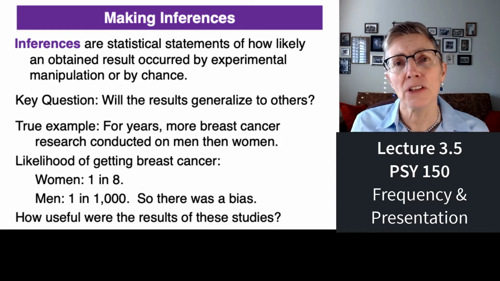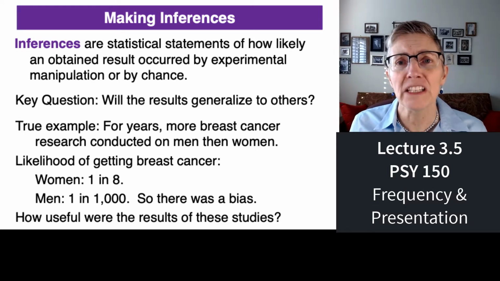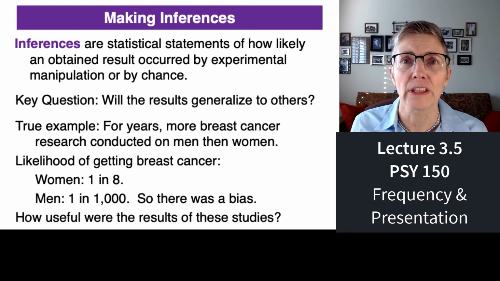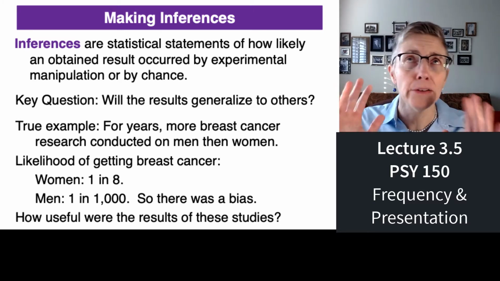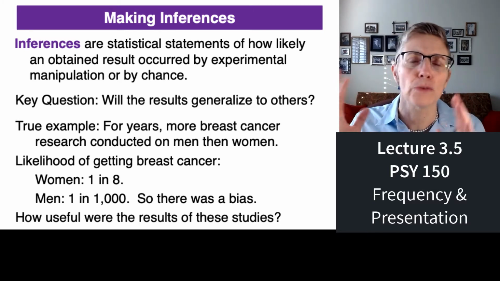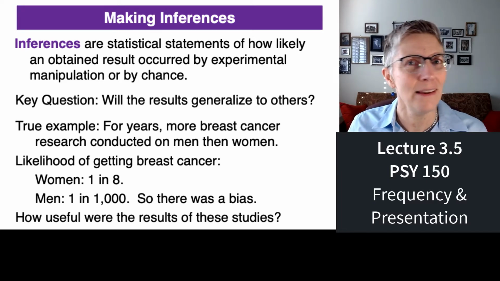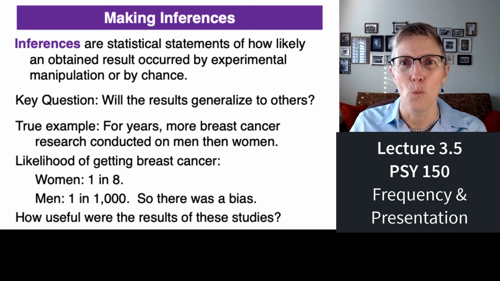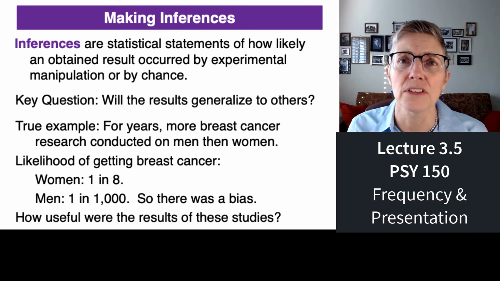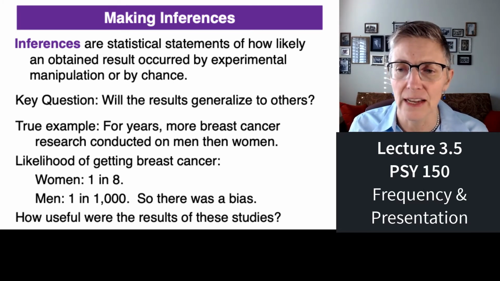Weirdly, the National Institutes of Health for years conducted nearly all of their research on breast cancer in men. Really, the idea was, well, men don't have as much hormonal variation, so if we understand it in men, we'll be able to explain breast cancer in women. Well, it's not at all obvious that you can generalize from one to the other, given the likelihood differences in getting breast cancer.